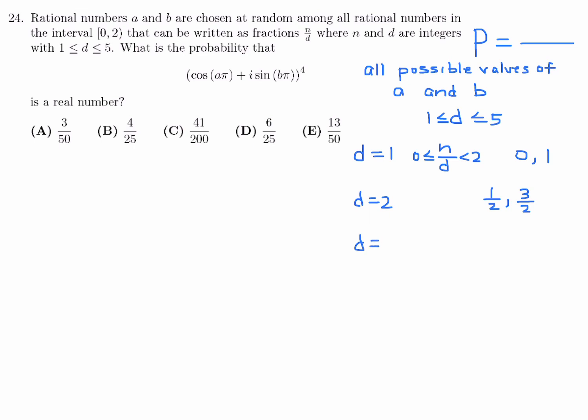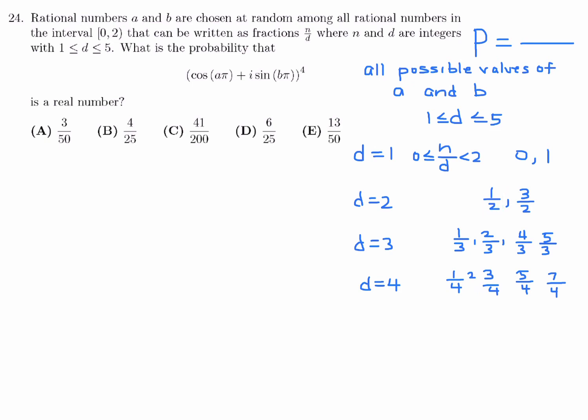When d is 3, we get 1 over 3, 2 over 3, 4 over 3, and 5 over 3. When d is 4, 1 over 4, 3 over 4, and 5 over 4, and 7 over 4. And remember, we have to have distinct numbers. I skipped over, for example, 2 over 4 because that's the same as a half.